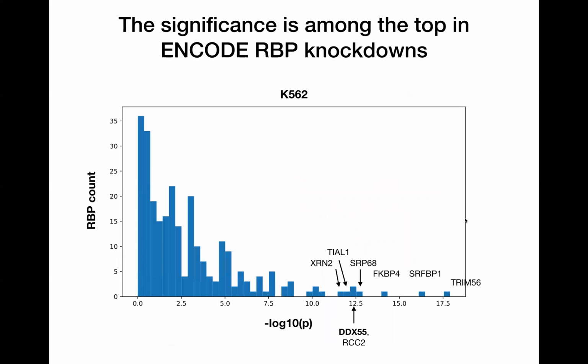And this difference is highly significant compared to all other RBPs in the two cell types. So ongoing experimental validations are being performed currently to establish if DDX55 knockdown in this context does actually alter stability of its targets, which are in wild type cells very stable.